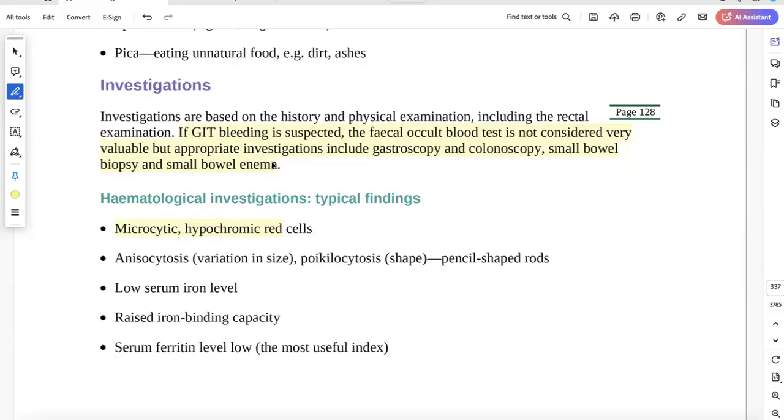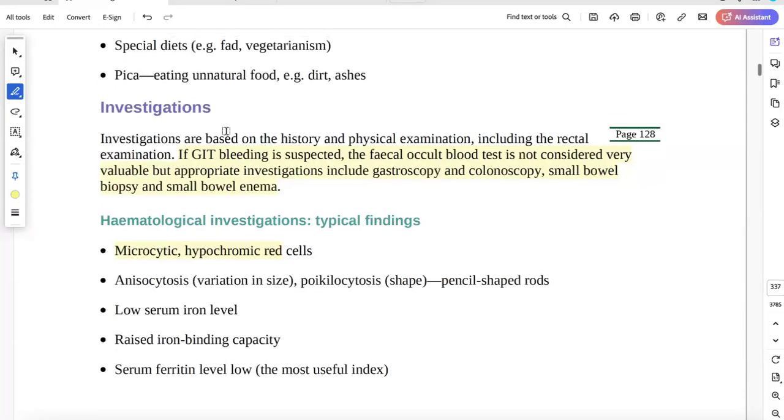Because if you remember our GIT class, one of the presentations of right-sided cecal or colon cancer is iron deficiency anemia. So if it's a more than 50-year-old with a recent onset of iron deficiency anemia, you would also consider checking for any bowel cancer.